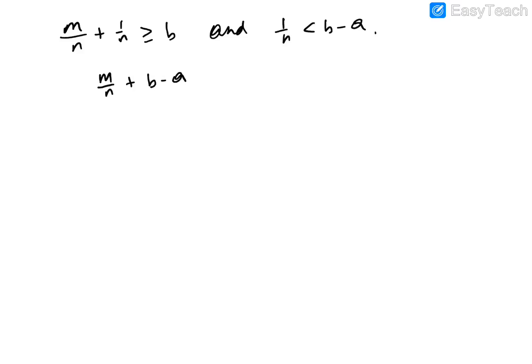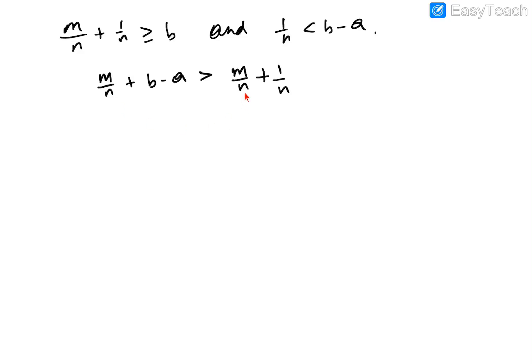So now we have m over n less than B done, so I'll start simply: m over n plus 1 over n is greater than or equal to B, and 1 over n is less than B minus A. Let's start with this, okay? So let's add B minus A to m over n. Since B minus A is greater than 1 over n, this is strictly greater than m over n plus 1 over n. Why?